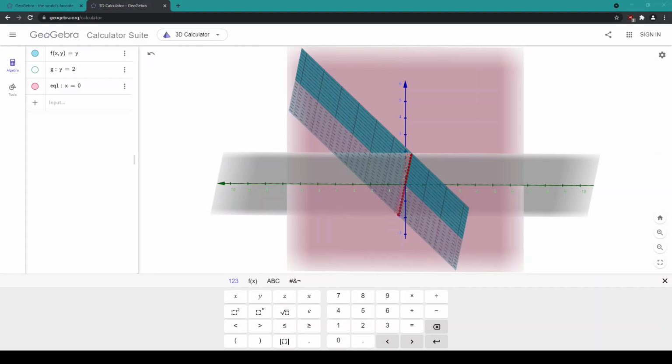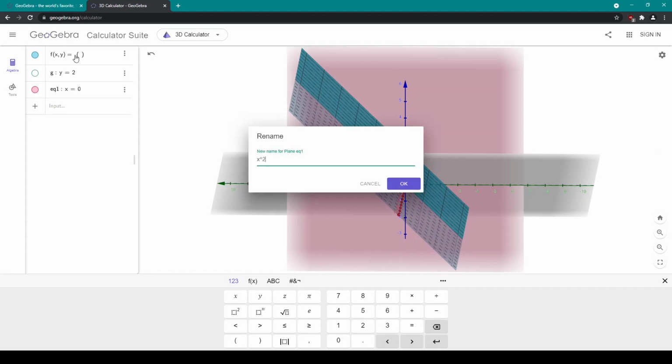So I clicked off the page. Sorry, sometimes these websites run really slow because I'm streaming at the same time. I clicked something.